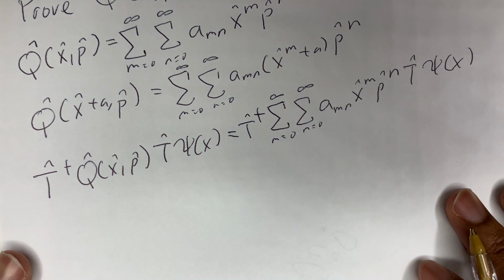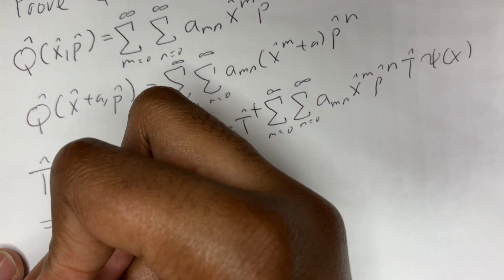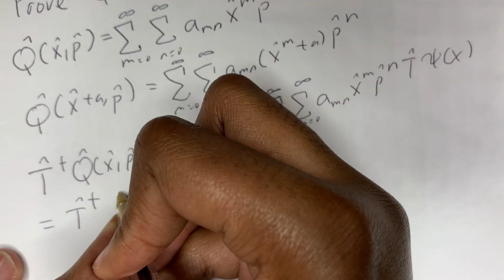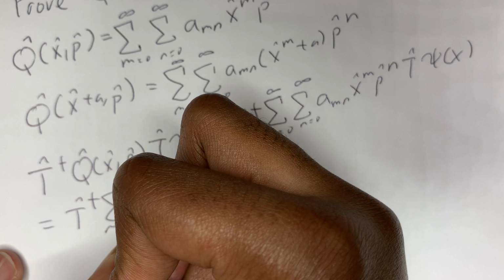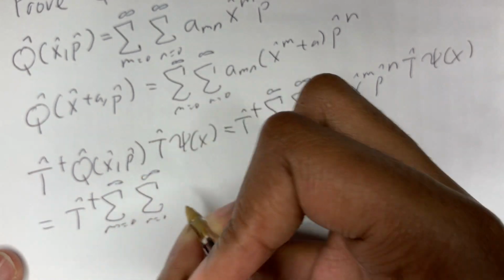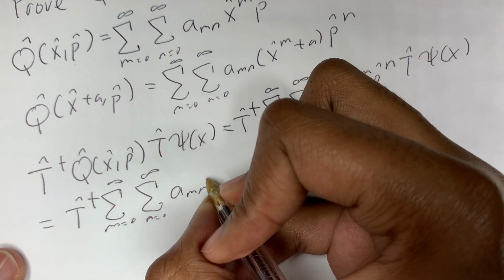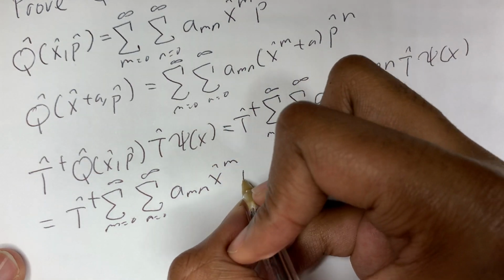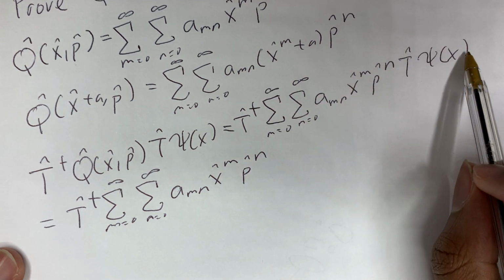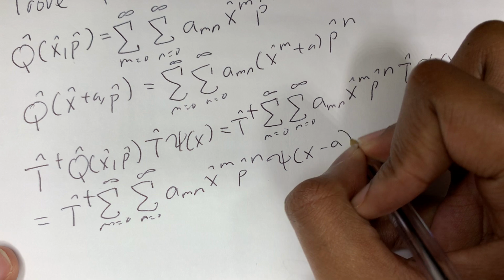Probably you see where I'm going with this. This is just t hat dagger, the sum, a_mn x hat to the m, p hat to the n, and then this operator acts on psi of x.